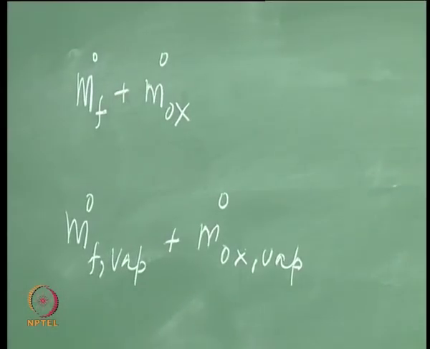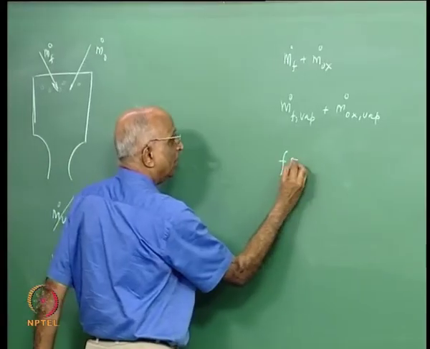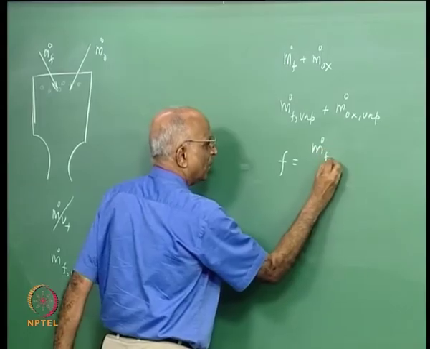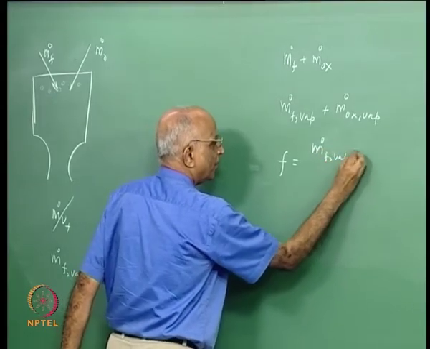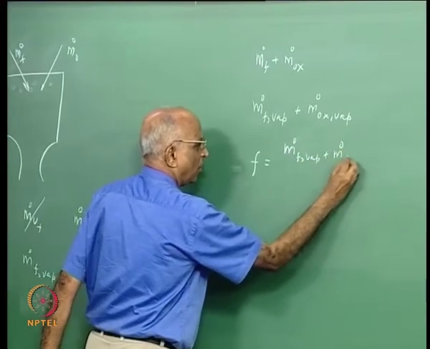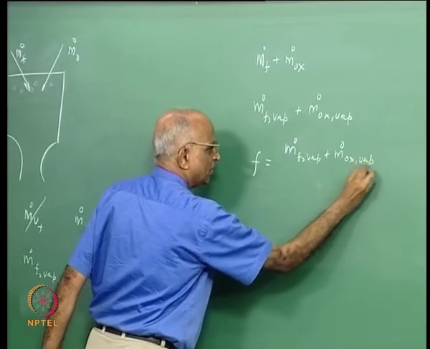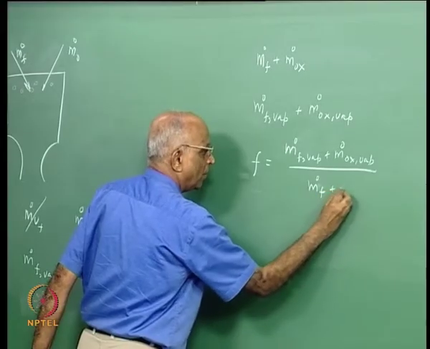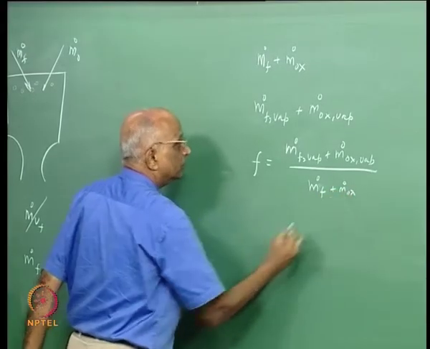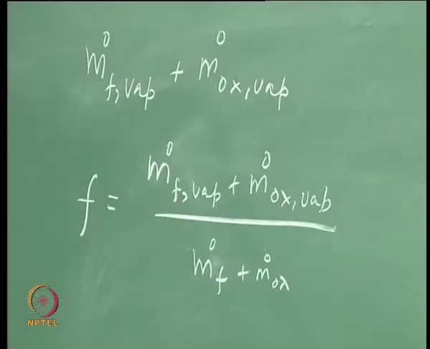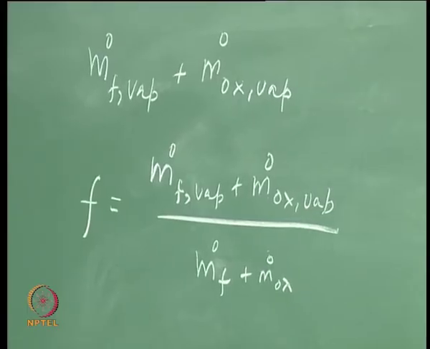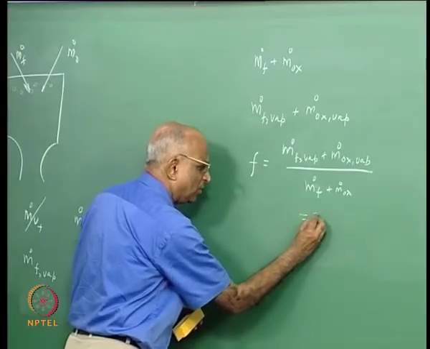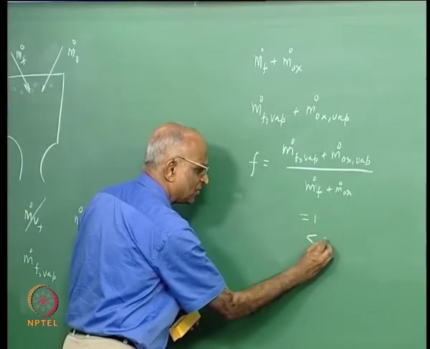Therefore, the fraction of the propellant which really contributes to combustion is m dot fuel vaporized plus m dot oxidizer vaporized, divided by the total liquid which gets injected. Is it all right? This fraction will be at maximum equal to 1, or it will be less than 1.